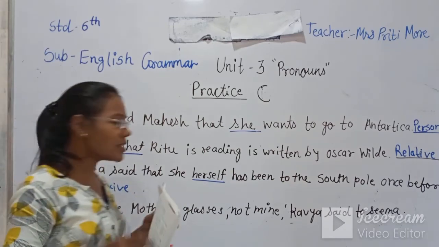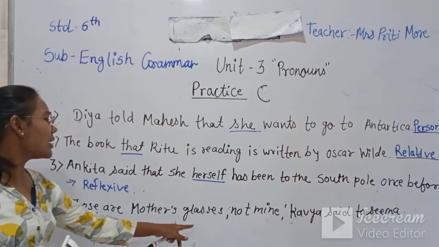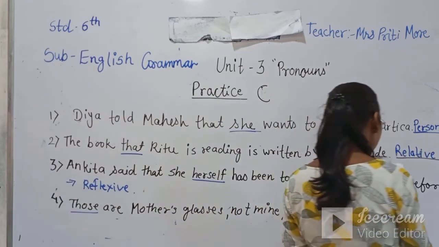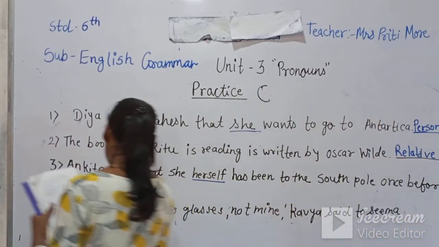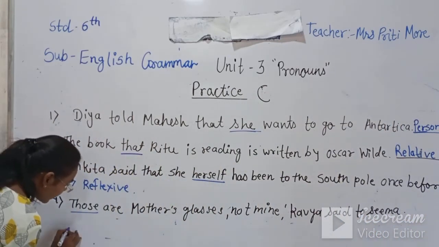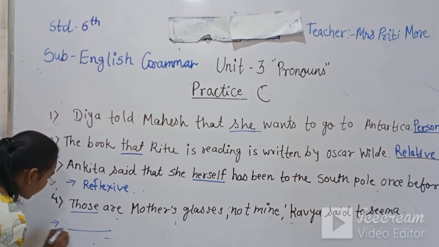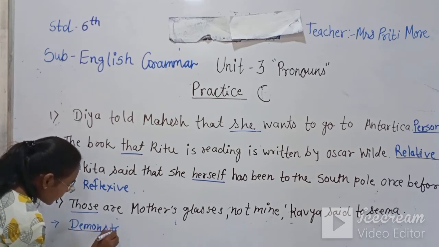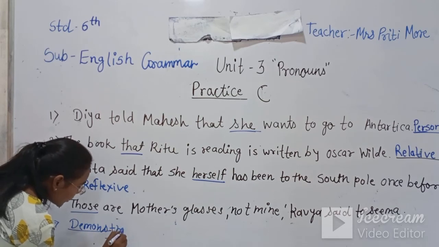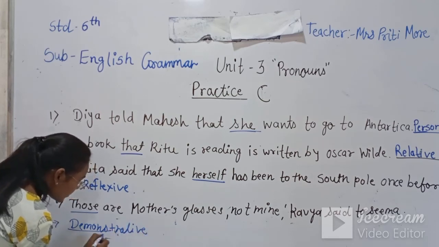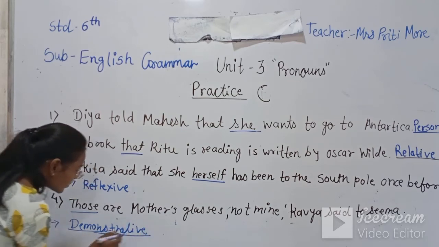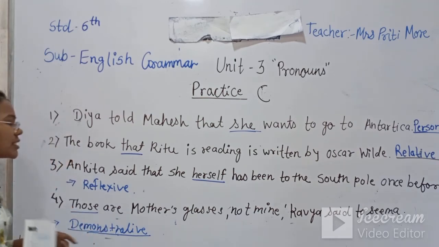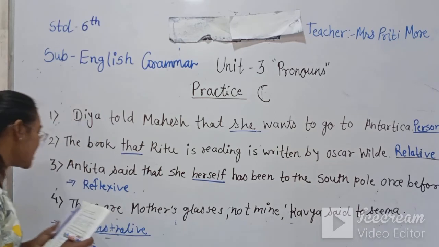Those is telling us the information about the glasses. So those is a demonstrative pronoun. So here you write demonstrative pronoun, because this word those points out the glasses.